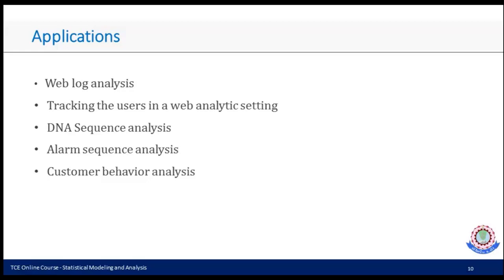They are web log analysis, tracking the path traversed by the user in a web analytics setting, DNA sequence analysis, that is in the field of bioinformatics, alarm sequence analysis, and finally customer behavior analysis. So here, sequence rule mining is concerned with the maximum of real world applications.